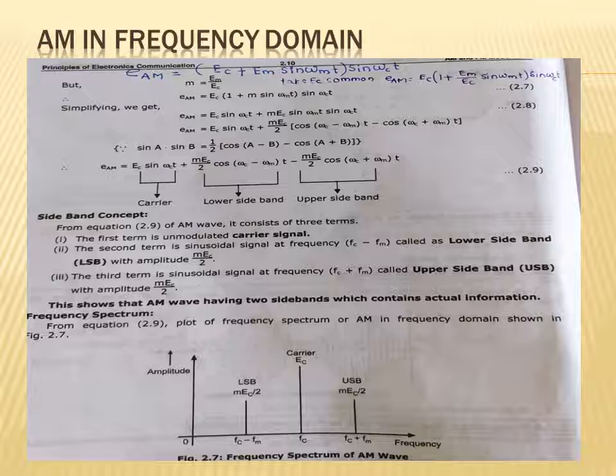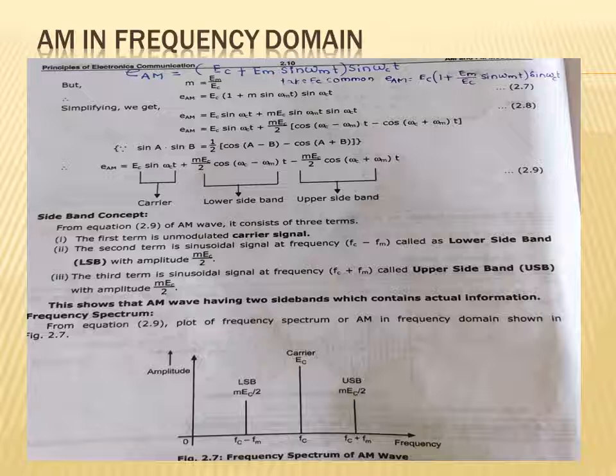Next, this is the multiplication of sine and sine. You know the formula for sine of A into sine of B: sine of A into sine of B is equal to half of cos of A minus B minus cos of A plus B. We will apply this formula to sine of omega MT into sine of omega CT.